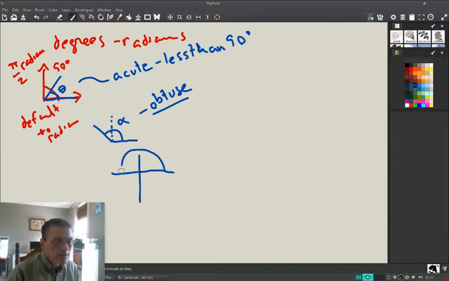All the acute angles are in the first quadrant. We use Roman numerals a lot for quadrants. Get to dust off your Roman numerals. These are quadrants. There are 4 of them. It's quad.